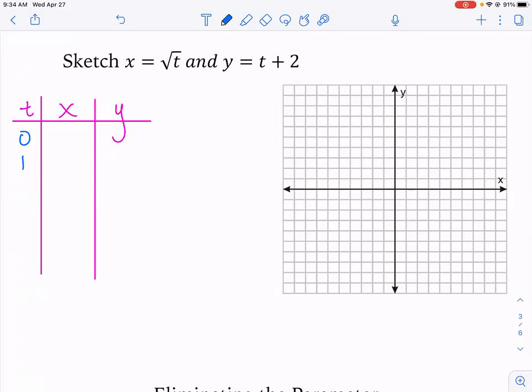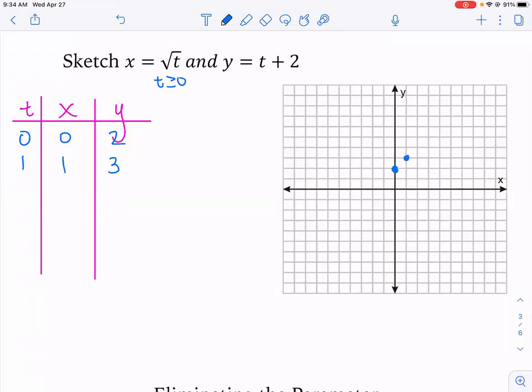Okay. So when I plug in 0, we get the square root of 0 and 0 plus 2. When I plug in 1, we get the square root of 1 and 1 plus 2.